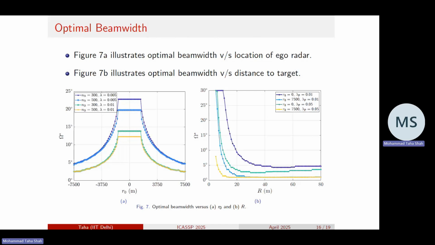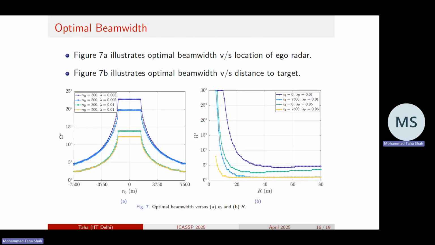In contrast, for R naught equal to 0, that's near the city center, the optimal beam width saturates for some initial values of R. As R increases further, the rate of interference rises sharply, leading to smaller values of omega star. Eventually, the optimal beam width saturates again for larger values of R.